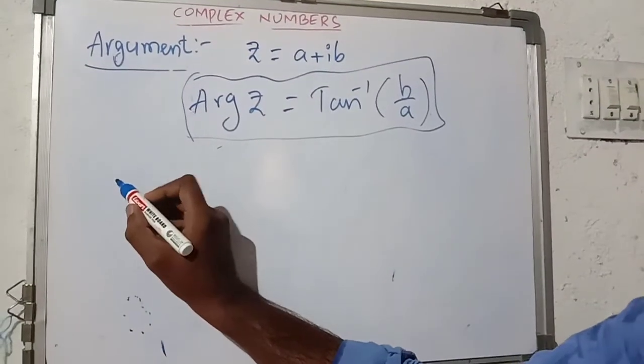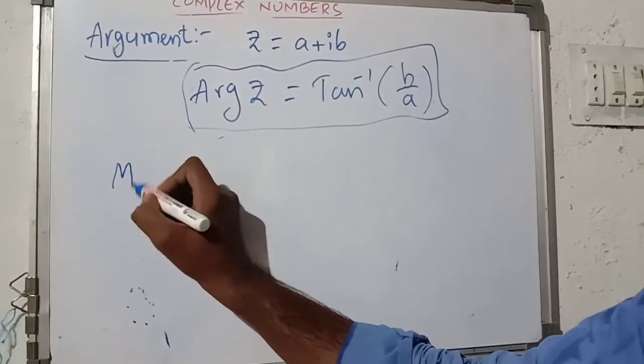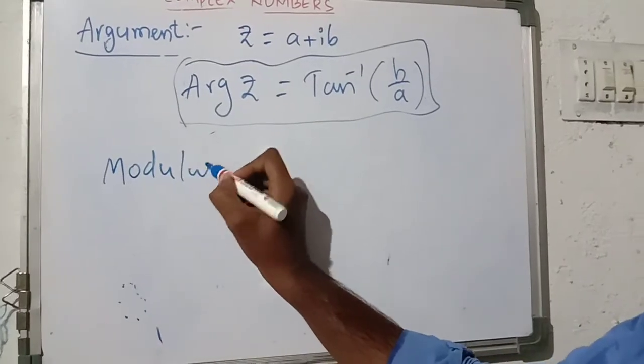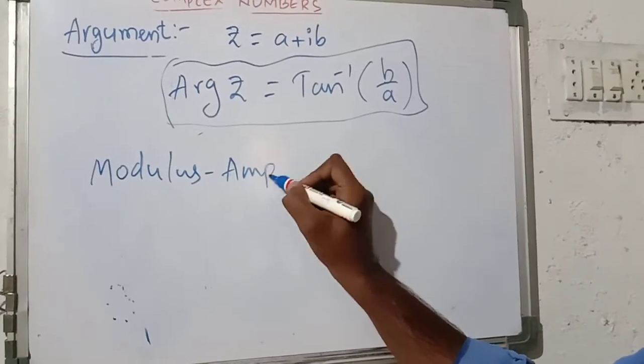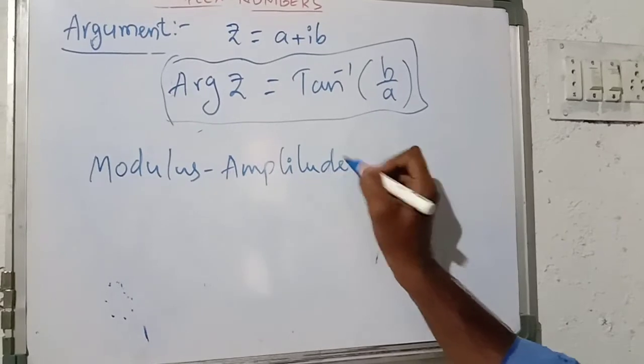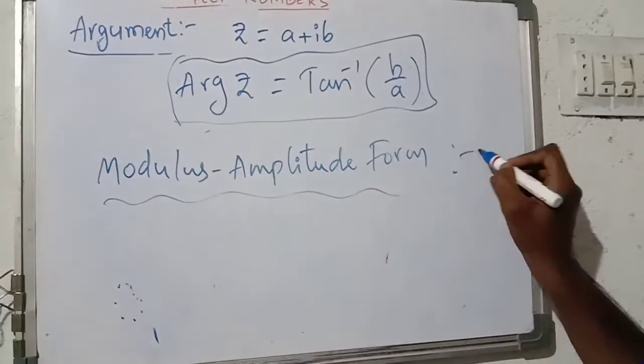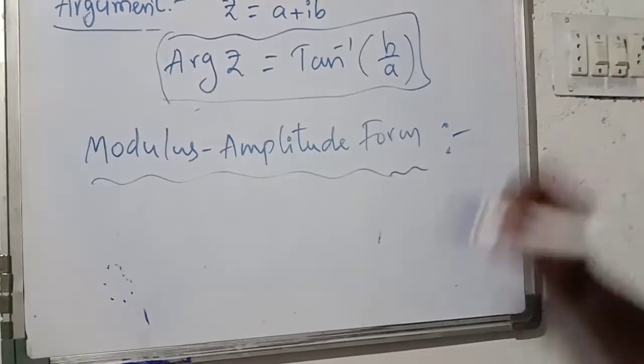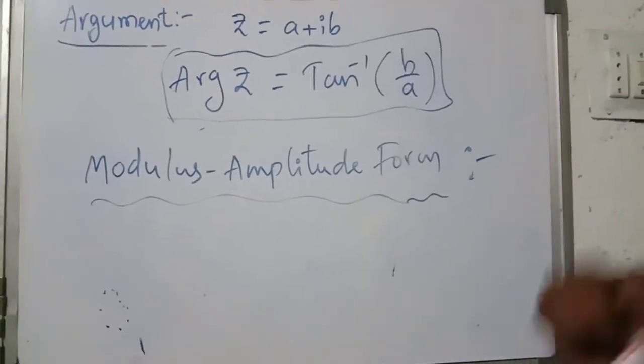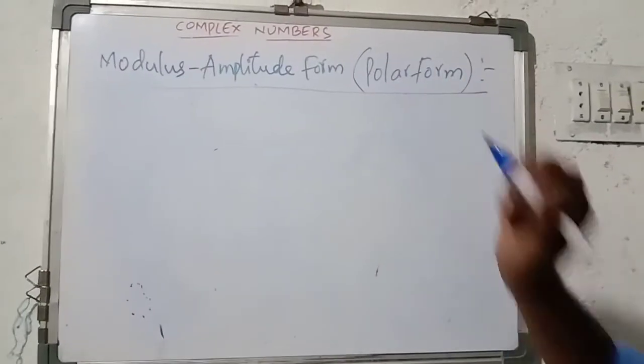Next, we are going to learn about the modulus amplitude form. This is important. The modulus amplitude form is also known as polar form.